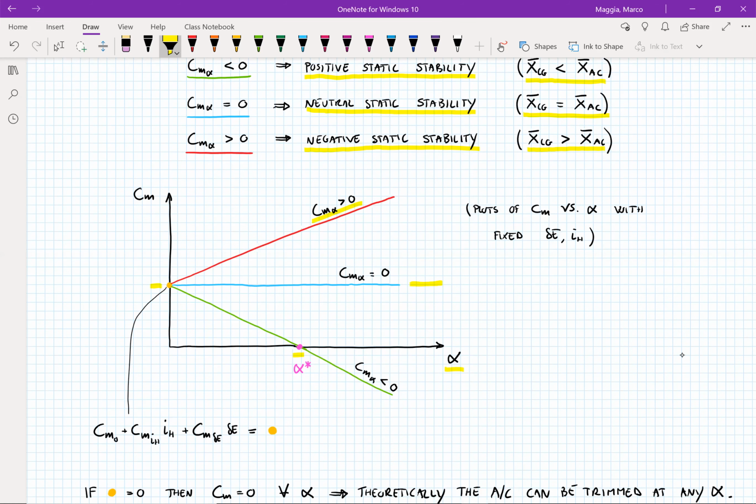So we're still going to increase our angle of attack. So the only way to be able to trim the aircraft if we had neutral static stability would be if this orange dot was here at the origin of the two axes.